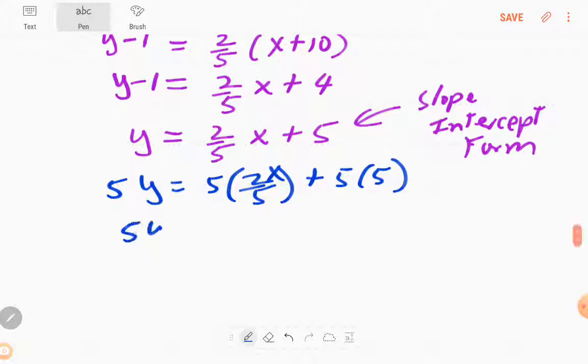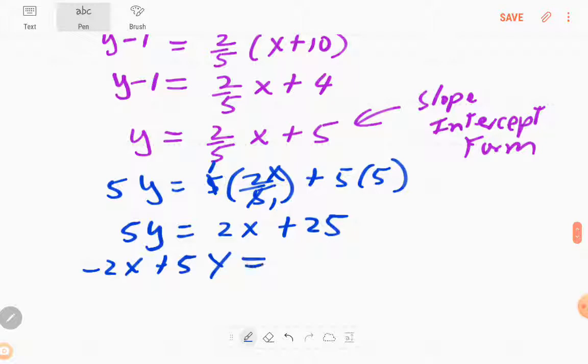So this would be 5y. Here 5 and 5 would cancel out, leaving 2x plus 25. And moving x to the left, subtract 2x from both sides, so we have minus 2x plus 5y equal to 25.